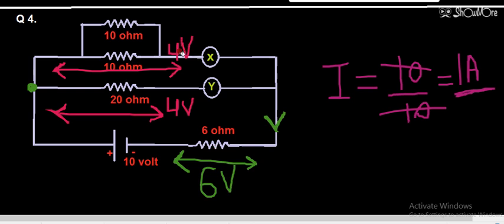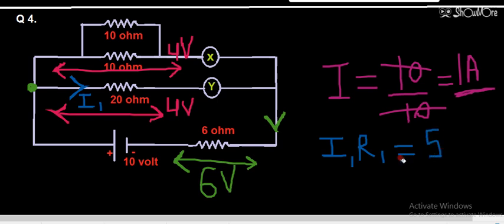Now see how to find the value of current I1. This was the current I1. So I1 into R1 will be equal to 4 volt.